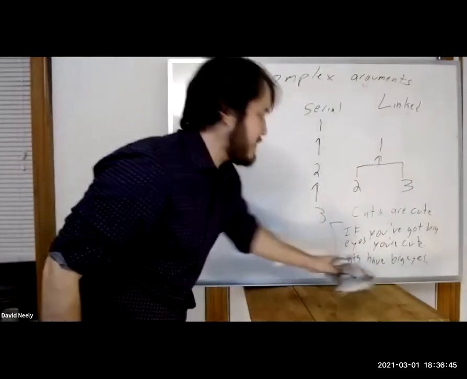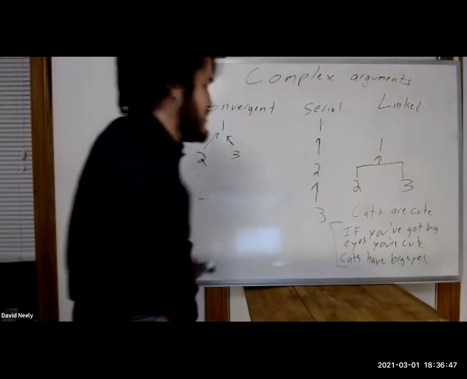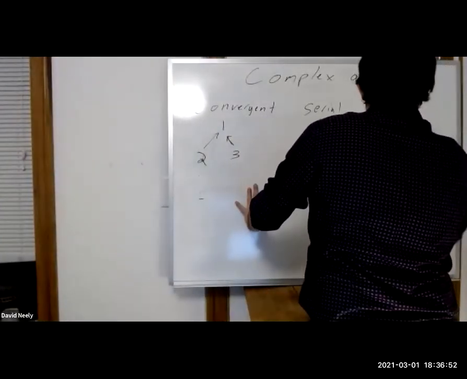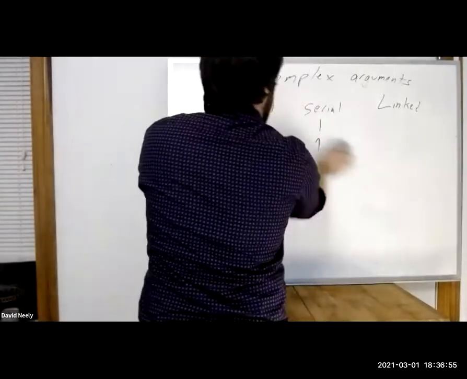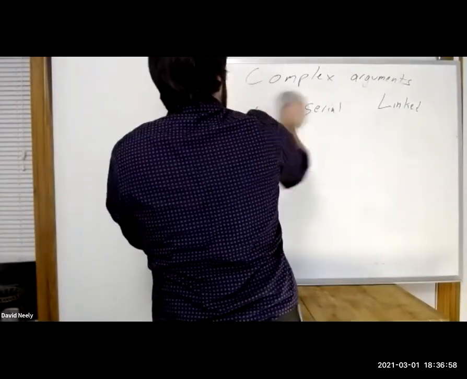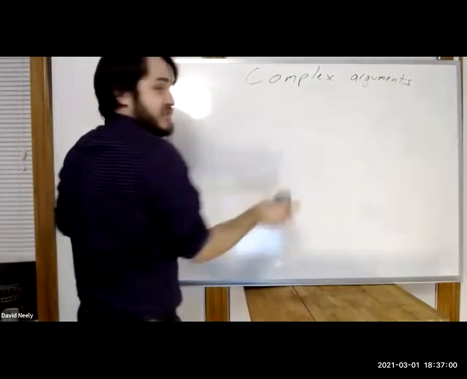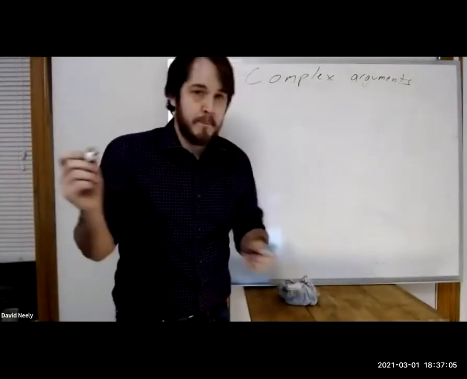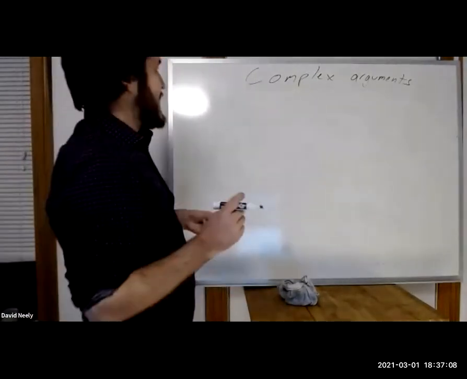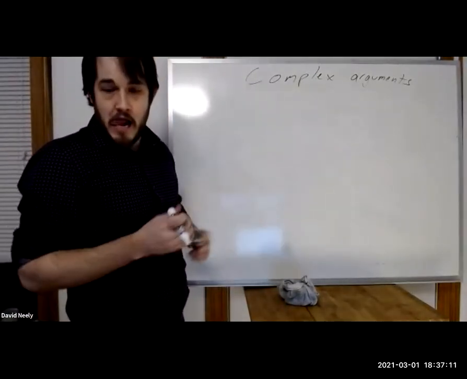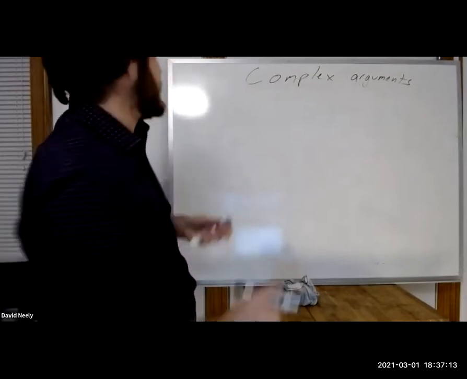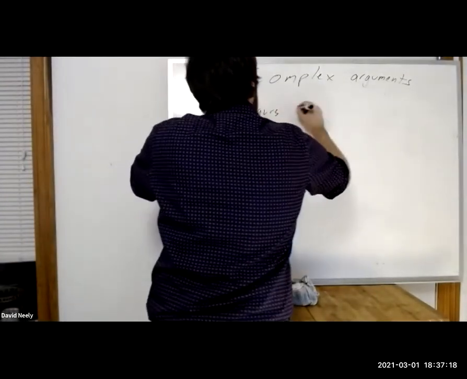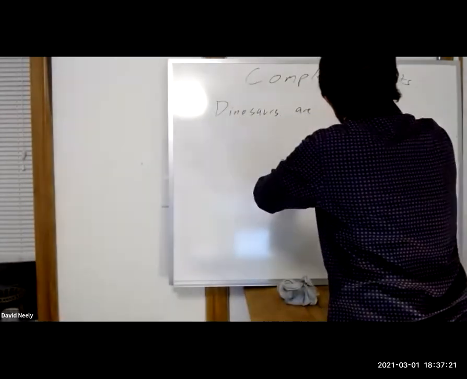And I'm putting all of this up here because for the rest of class, we're just going to do a couple of actual examples of a complex argument, in which we talk about how to come up with a structured diagram to capture how all the different parts fit together. So the first one I want to do is put up a bunch of sentences. Dinosaurs are awesome.